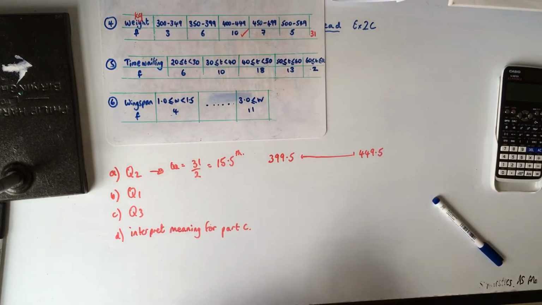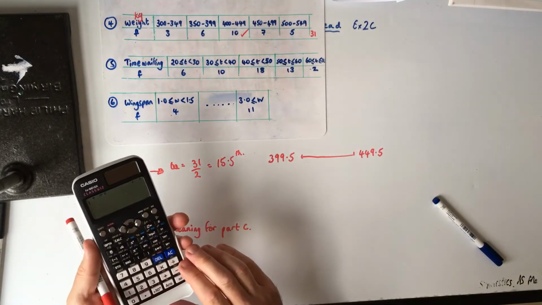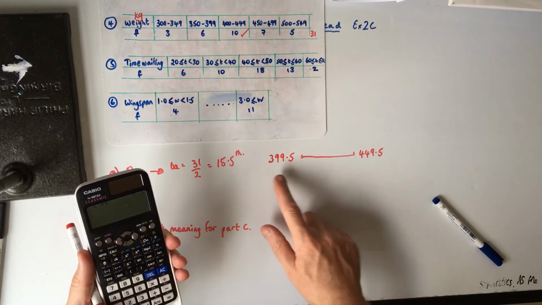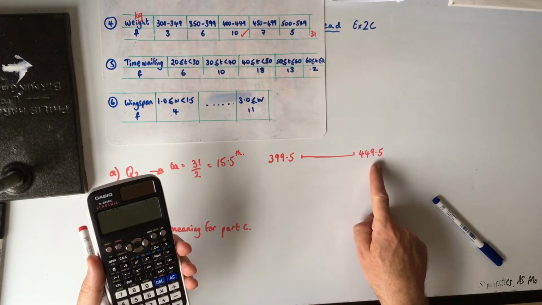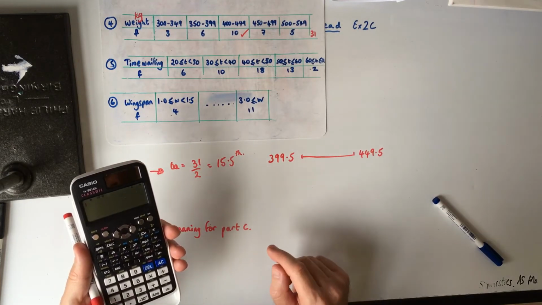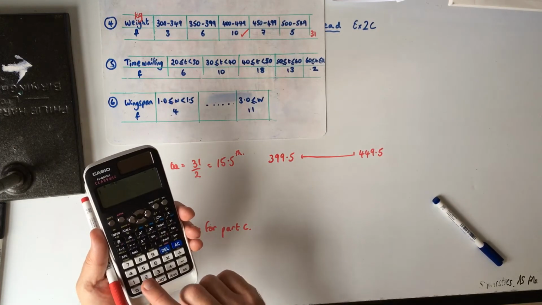Okay, so if we just do it very quick, we should get 51, shouldn't we? 0.5 up to 400, yeah. Oh no, hang on. 449.5, I'm just checking.